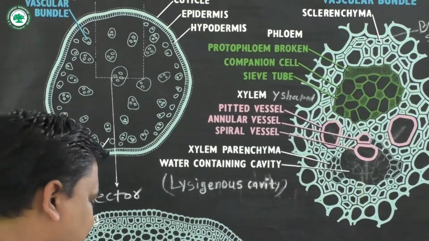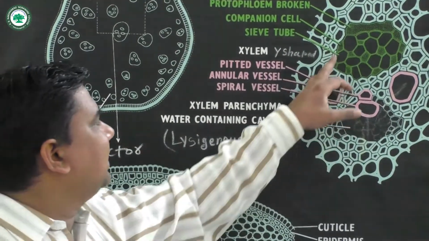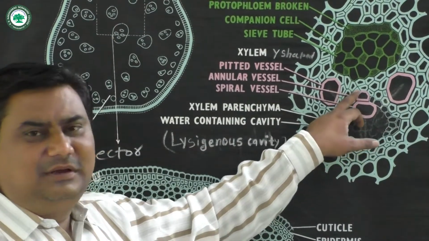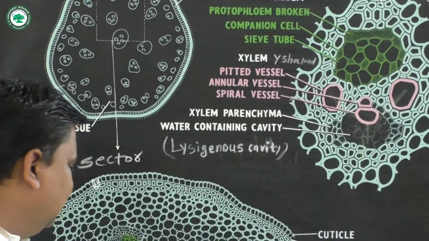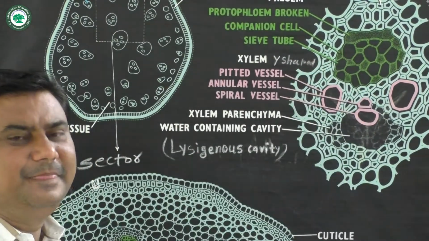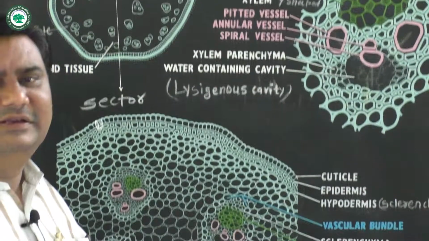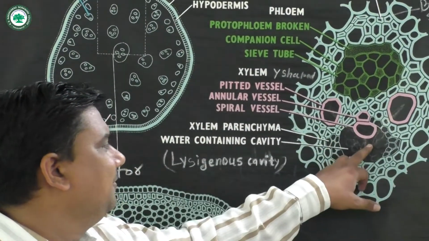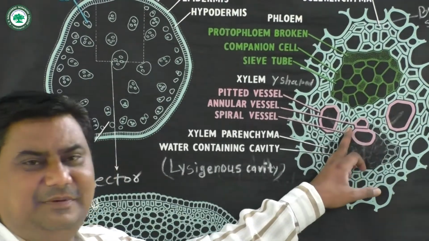As I told you, there is the xylem. Xylem is toward the center and phloem toward the periphery. That's why the vascular bundle is the endarch type. Here, look, you can see the xylem is Y-shaped.